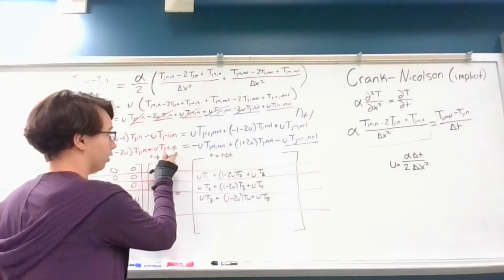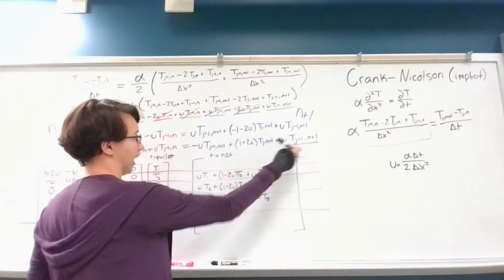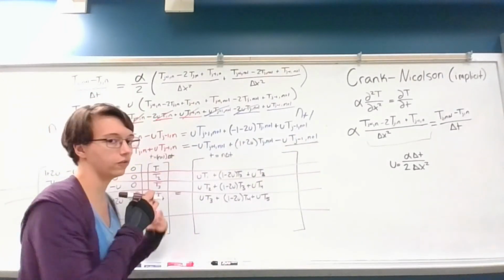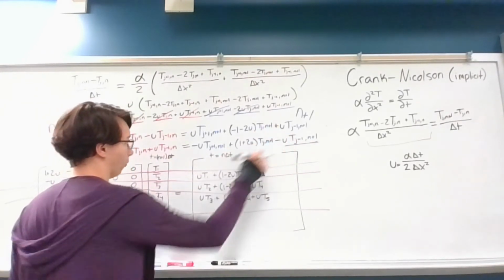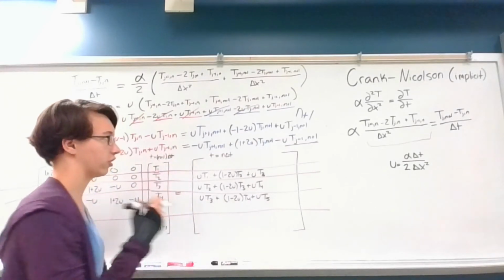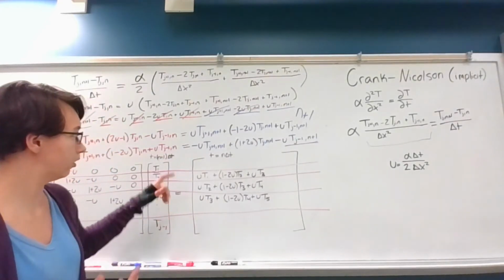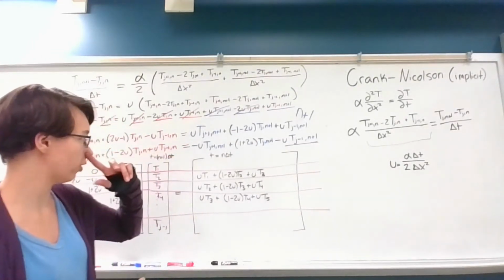So now, this time, we start with this term and this term, because regardless of what n is, T at 0 is the same. So this term and this term are actually the same for T1 minus 1, T0.